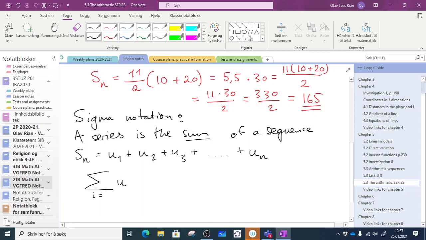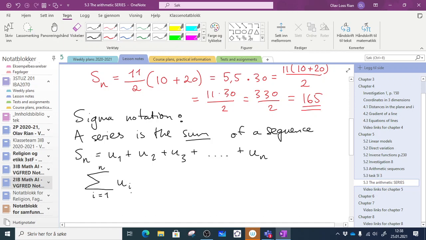So, okay, we want all the u's from the first one, 1, and all the way to n, for example, if you want a general expression. And then you have to index this little u here. So I want this u to have the index i.